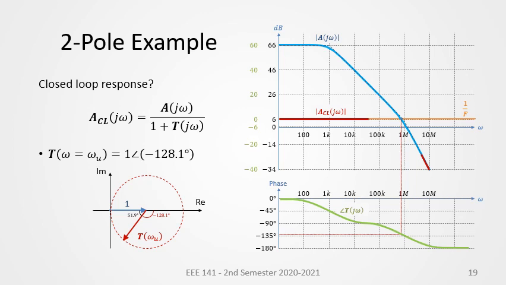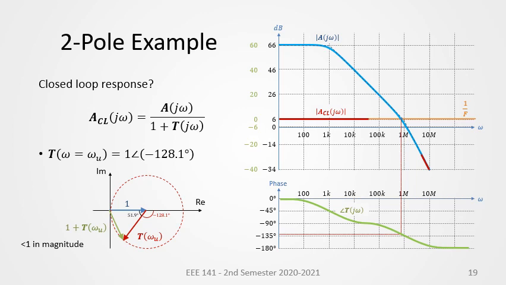For vector addition, we just connect the two vectors, and so 1 plus T of j omega must be this green vector. This vector is less than 1 in magnitude, and this would have been exactly 1 if the phase margin was 60 degrees, where we will end up with an equilateral triangle.